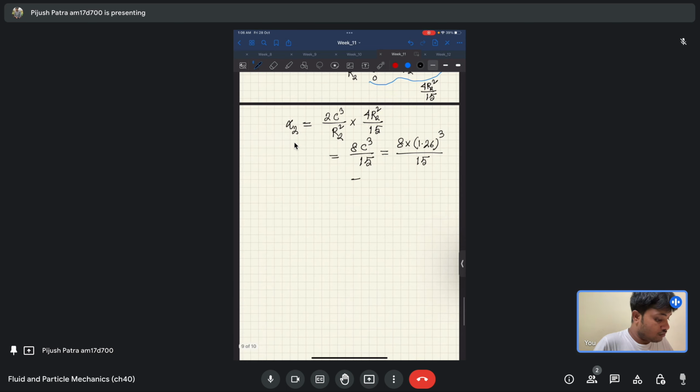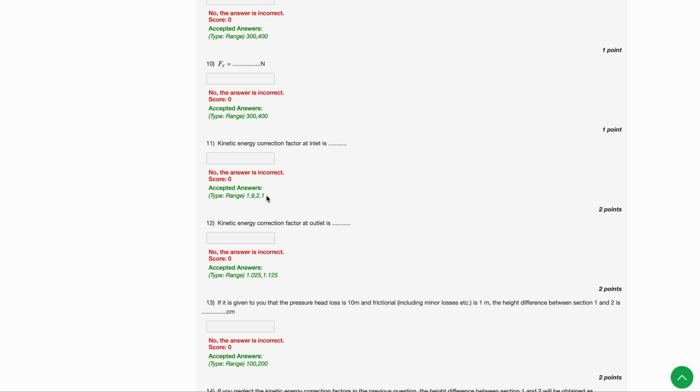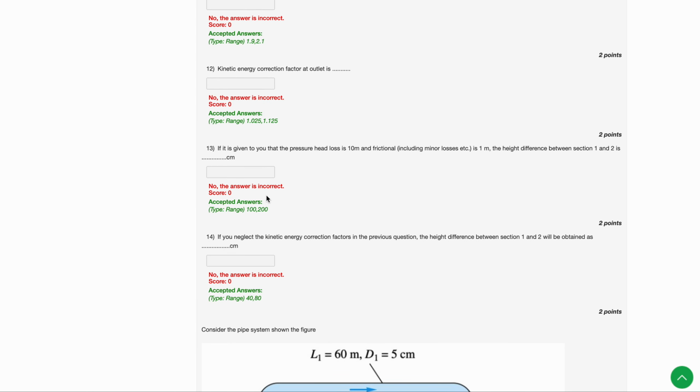So this is equal to 1.0668. So that is the momentum correction factor at outlet. Yeah, I guess it is coming like that. This is 2. Now the last two questions are very important.